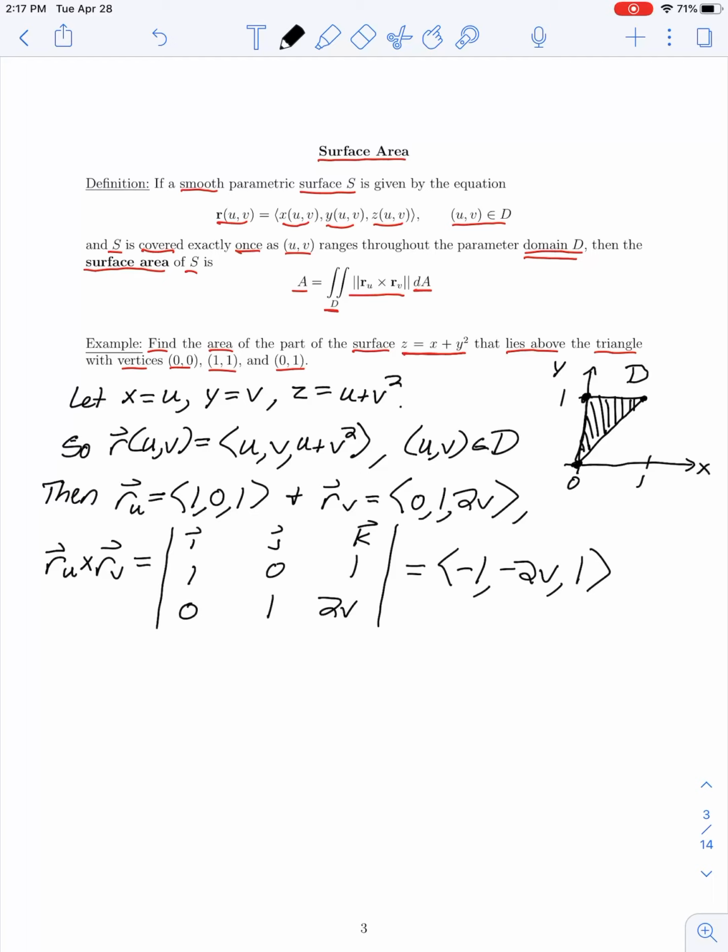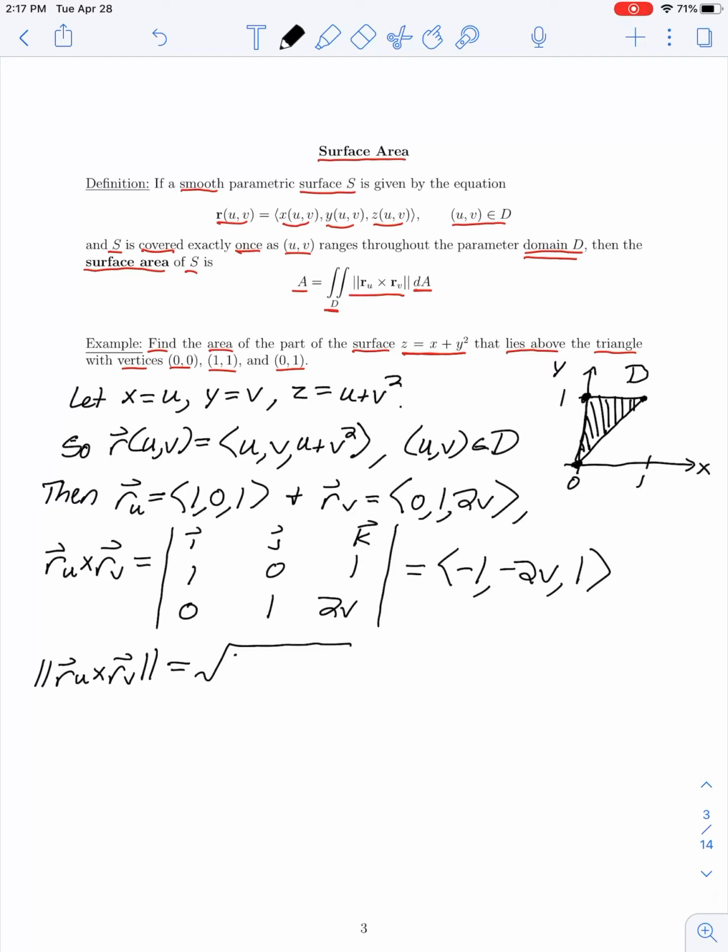Now we need to find the magnitude of that vector to calculate our surface area. So here the magnitude of r_u cross r_v is the square root of the sum of the squares of the components of that vector.